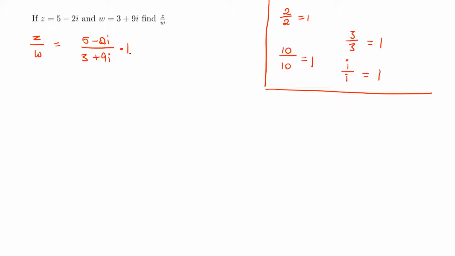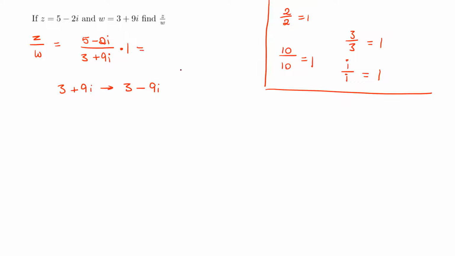So we're going to make 1 by using the complex conjugate of the denominator here, 3 plus 9i. Now guys, if you can recall, the complex conjugate is just the exact same number, but with the imaginary component flipped sign. So in this case, the complex conjugate of the denominator, 3 plus 9i, is going to become 3 minus 9i.